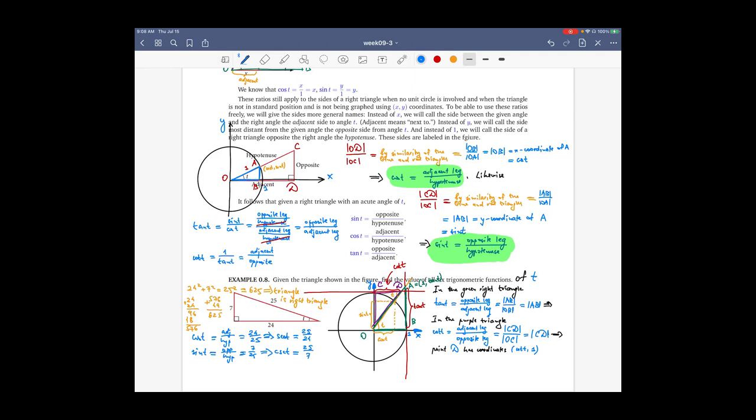Likewise, we can now easily find tangent and cotangent, either as ratio of, say, sine over cosine, or straight from the triangle. Tangent is the ratio of opposite leg over the adjacent leg.